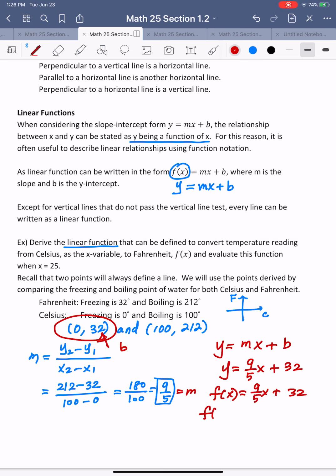Now x is given as 25, so plug it in: 9 over 5 times 25 plus 32. 5 goes into 25 5 times, which is 45, plus 32, which is going to be 77 degrees. So that is the Fahrenheit when 25 degrees is the Celsius, okay?